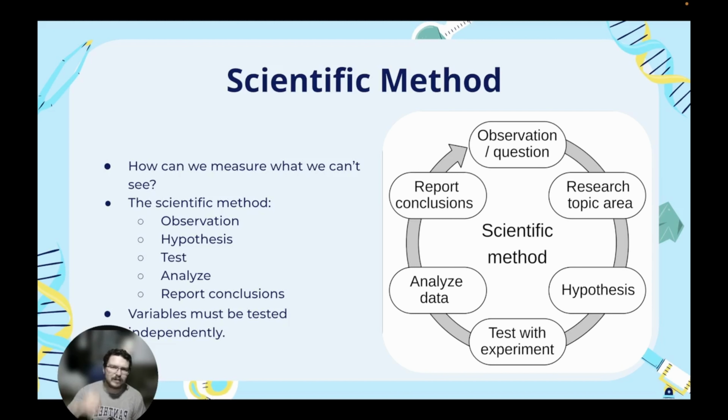We have an observation or we form a question that leads us to forming a hypothesis. We then test that hypothesis, we analyze our data, we report our conclusions, and we repeat the cycle. Now, one of the key parts of the scientific method is that the variables must be independent. I can't say this is my left hand and it is tied to my right hand, but my right hand moves on its own.